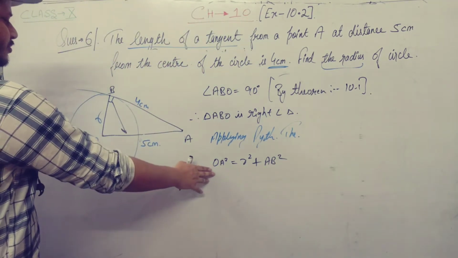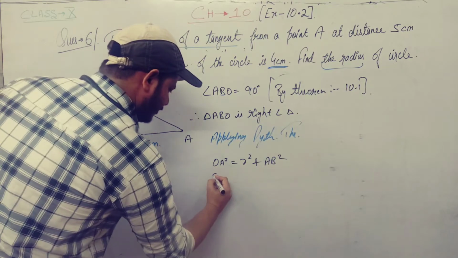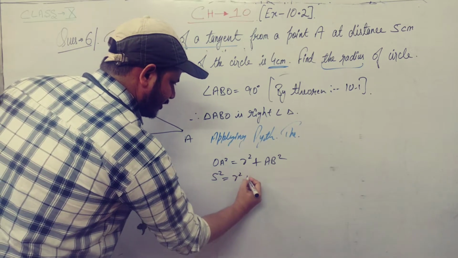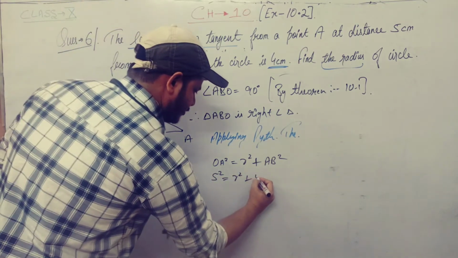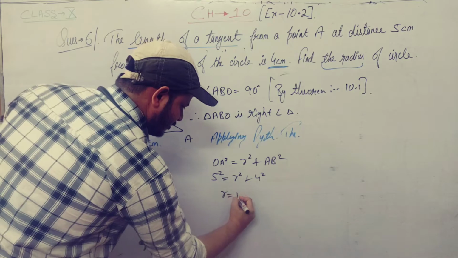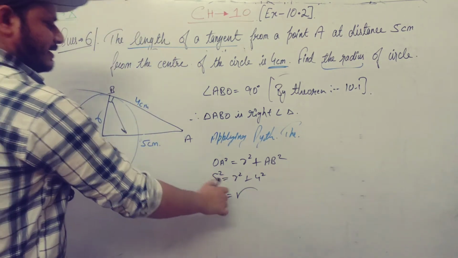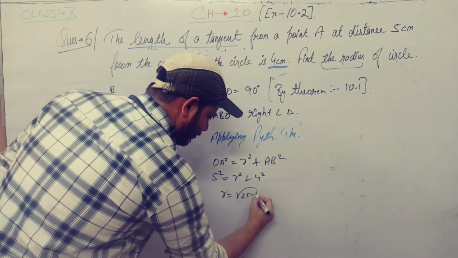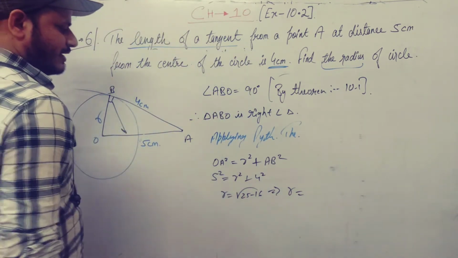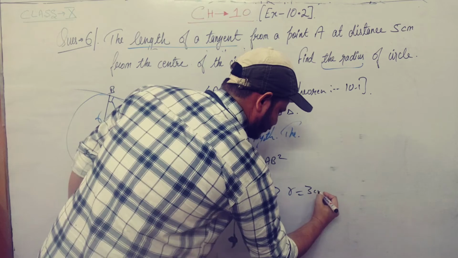Let's put these values. OA is 5, square, is equal to R square plus AB is 4, square. So you will get the value of R square. The value of R square is 25 minus 16, that is 9, so the value of R is 3 centimeter.